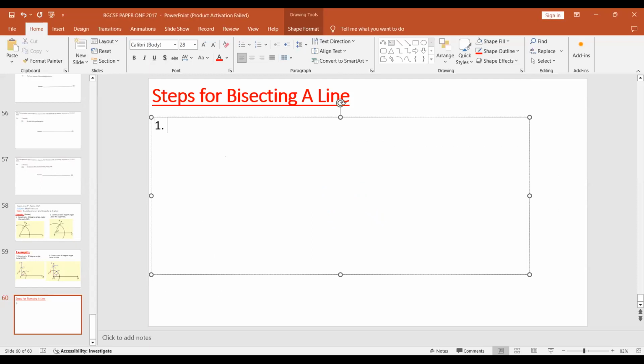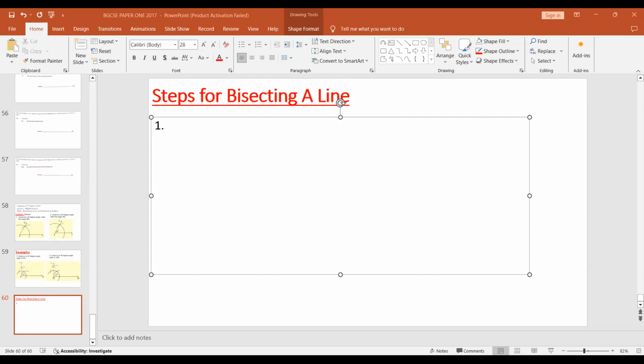The first thing you're going to do when you're bisecting a line is draw out the line segment that you need to bisect. They might have already given you the line. In that case, you just need to bisect it. If they have not given you the line, then you obviously have to construct a line segment by yourself and then draw it out. So that's the first thing we're going to start off with.